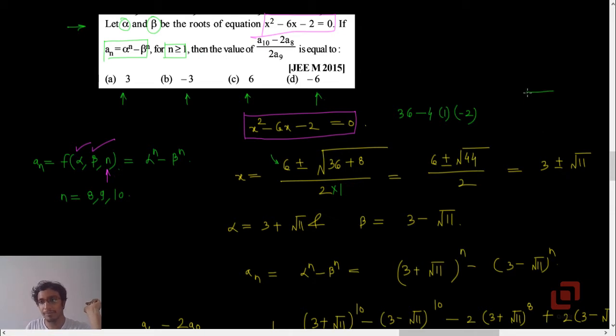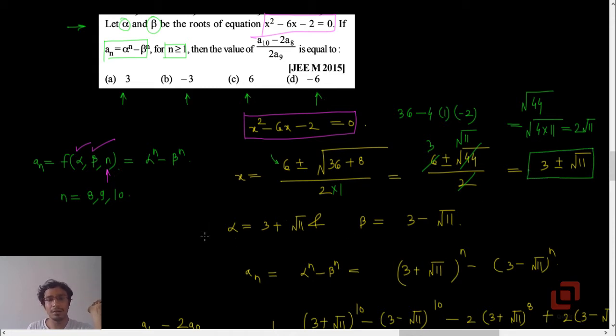Very simple. Root of 44 is root of 4 into 11 or 2 root 11, then divide by 2. This will get cancelled, this will become 3 and this will become root 11. So x is 3 plus or minus root 11, and here we are going to make the assumption, that is convention, that alpha is usually the plus one and beta is the minus one.